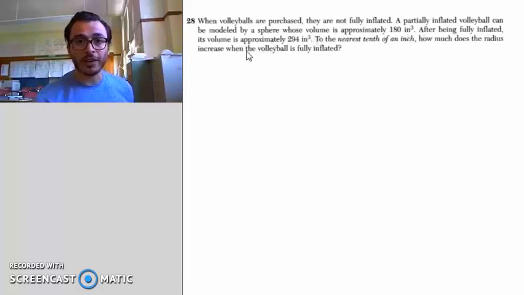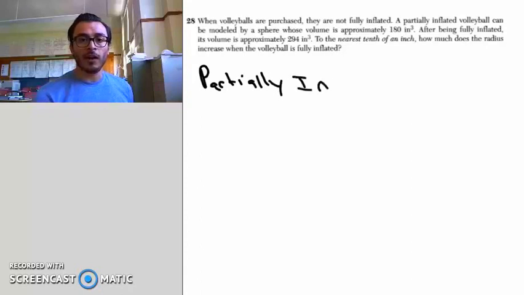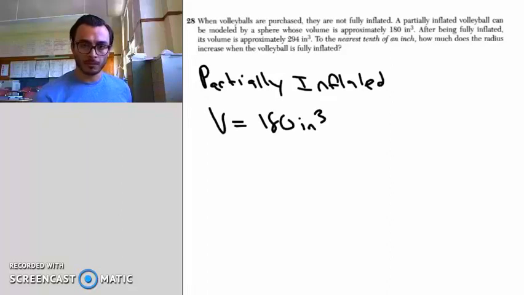So the partially inflated volleyball, it's got a volume of 180 cubic inches. Okay? That's the partially inflated one.